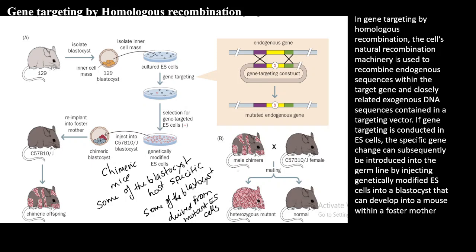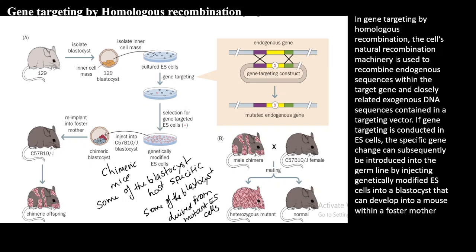Now coming to the chimeric, this is the chimeric offspring which you got, where not all the cells are derived from the genetically modified ES cells. Some are going to be derived from the host, and some are going to be derived from the genetically modified ES cells.